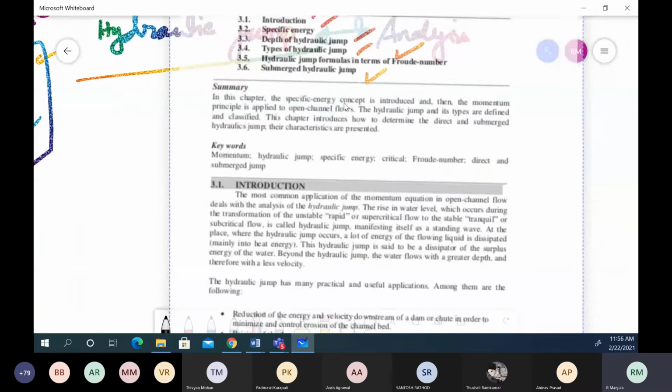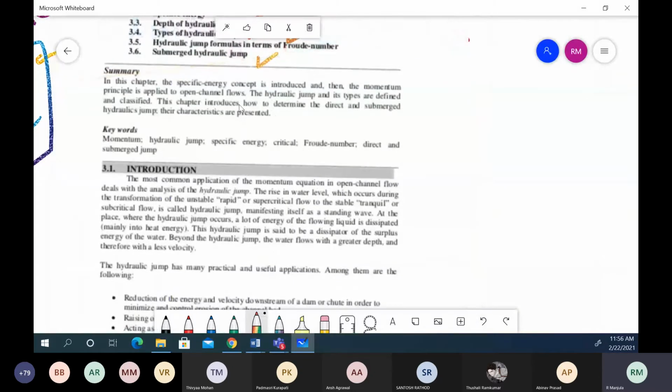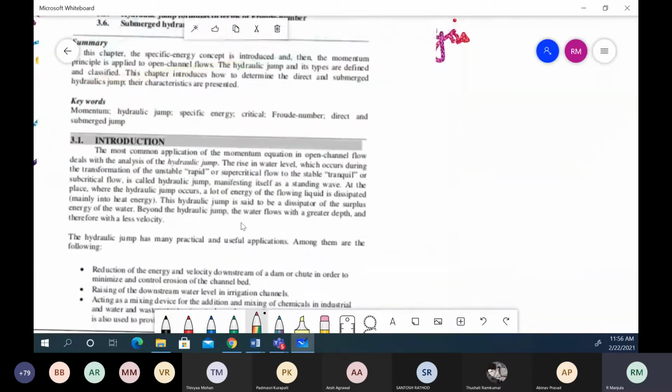Now, what is the definition of hydraulic jump? You can see here the application of the momentum equation in open channel, which deals with the analysis of hydraulic jump.